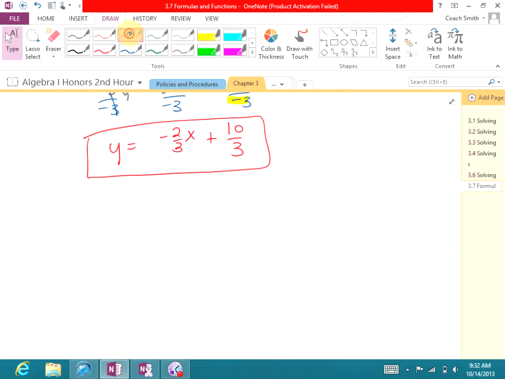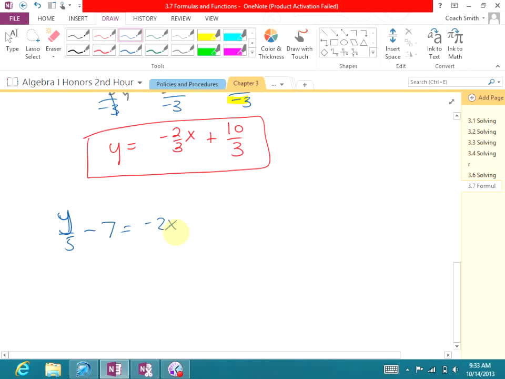All right. Y over 5 minus 7 equal negative 2x.